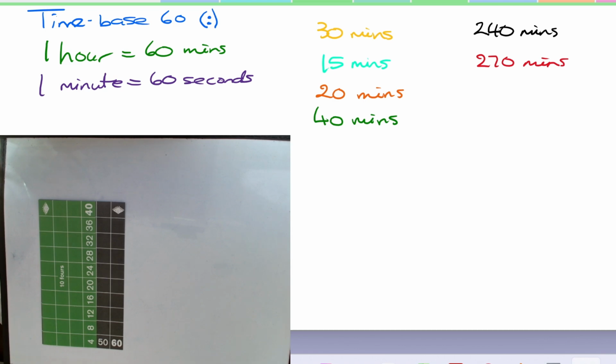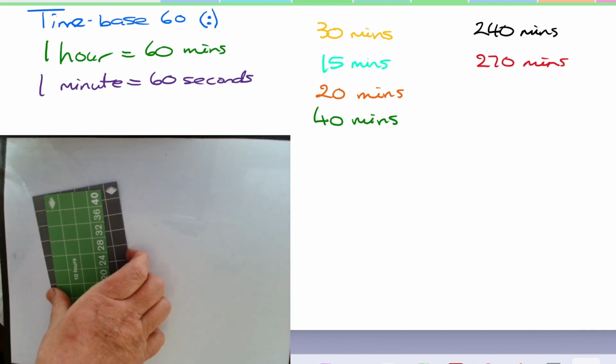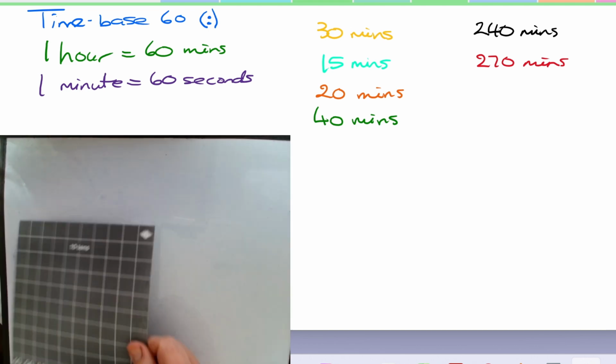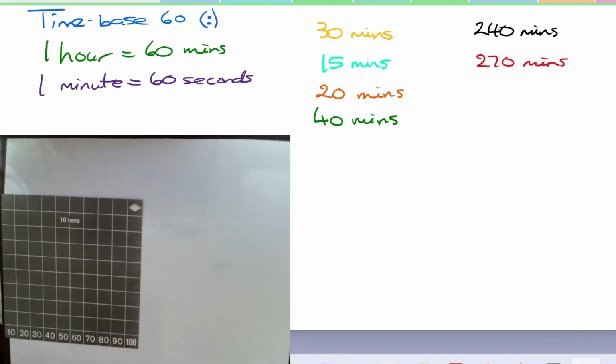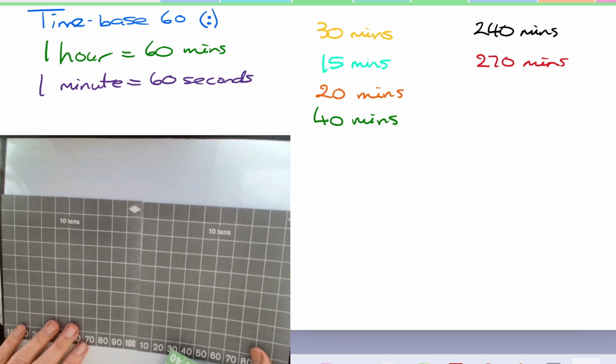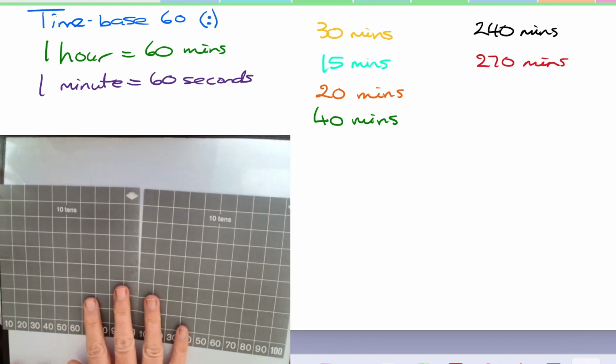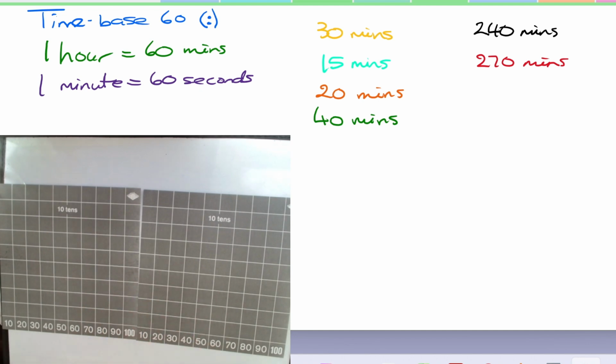If I was working out the duration of an event, so for instance, if I had 240 minutes, let me flick this over. So here is 100 minutes. Here is 200 minutes. And as I go, I'll just move this one across and I'll bring in the last 40 as well.